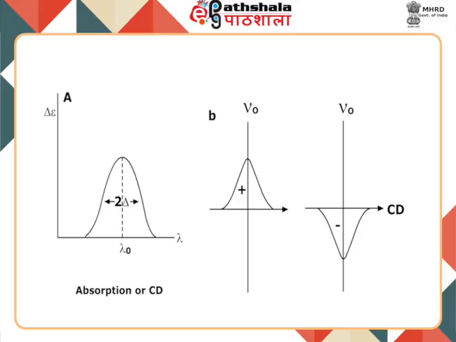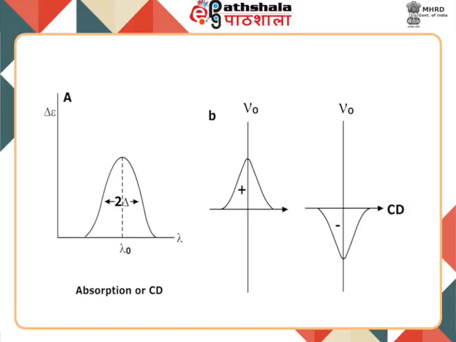Changing the direction of the field rapidly provides alternating left and right circularly polarized light. The light received by the detector is compared electronically and presented as the difference between absorbances, epsilon L minus epsilon R. An ordinary spectrophotometer can also be used to measure circular dichroism.